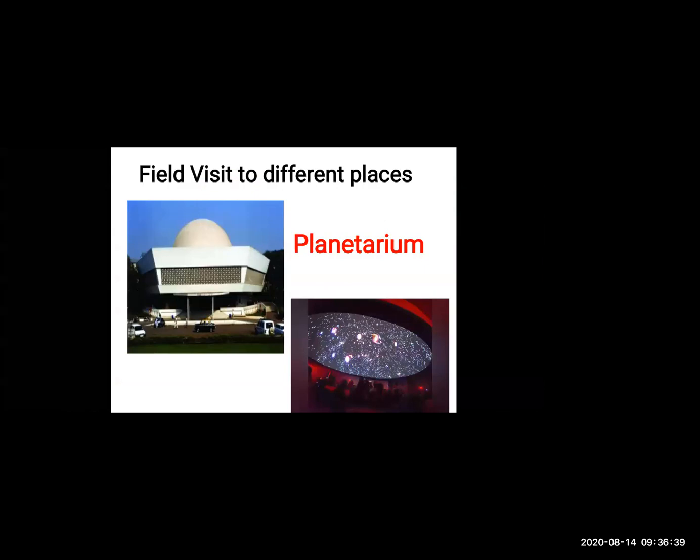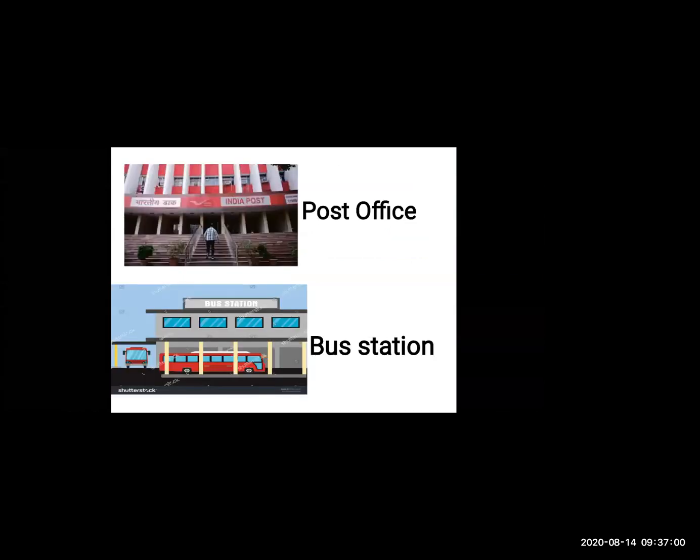Here we can see excellent presentations of astronomical events and other heavenly bodies such as stars and planets. This is a picture of Nehru Planetarium at Worli in Mumbai. It is a famous planetarium.